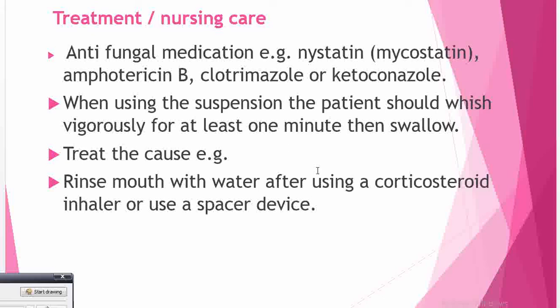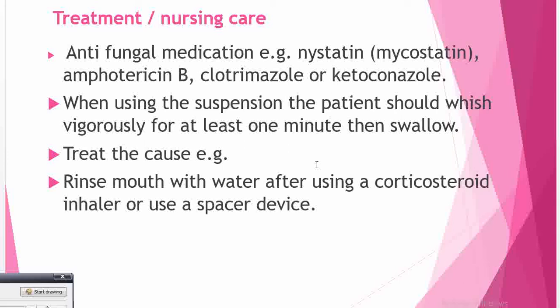Treatment: first, antifungal medication. For example, topical ones such as nystatin, also referred to as mycostatin, amphotericin B, clotrimazole, and ketoconazole. Those are just samples; there are several antifungal drugs we can use to get rid of the candida or white thrush.